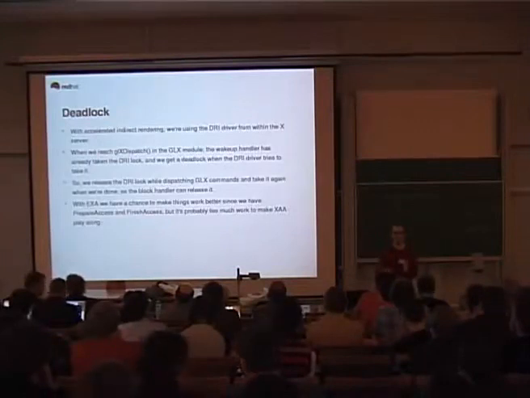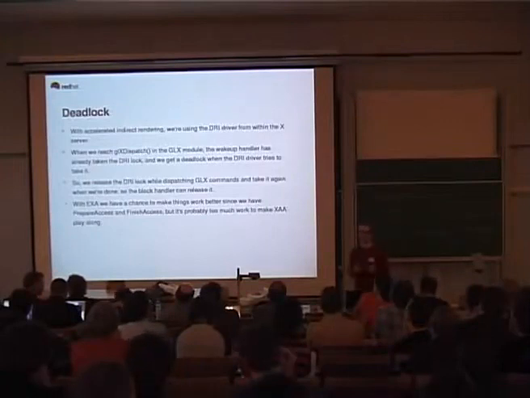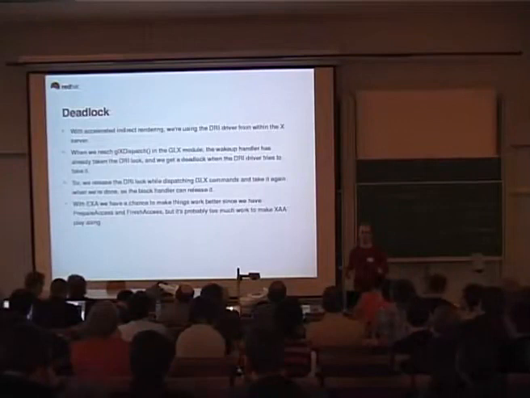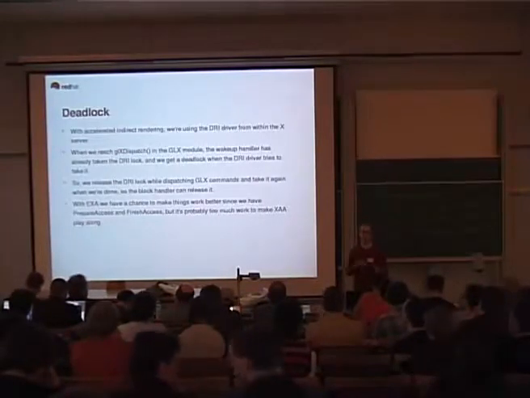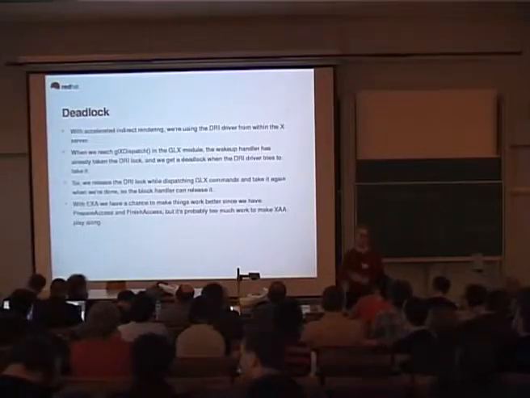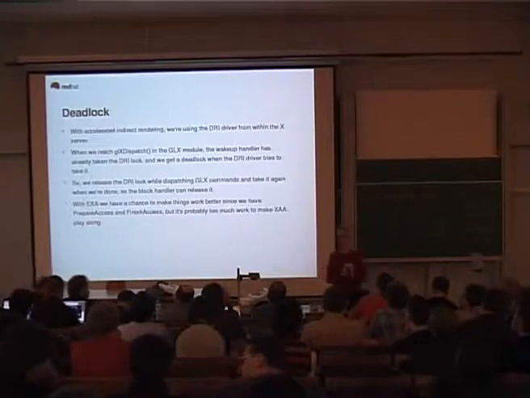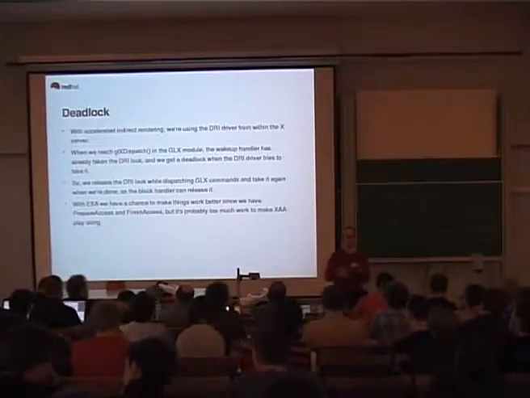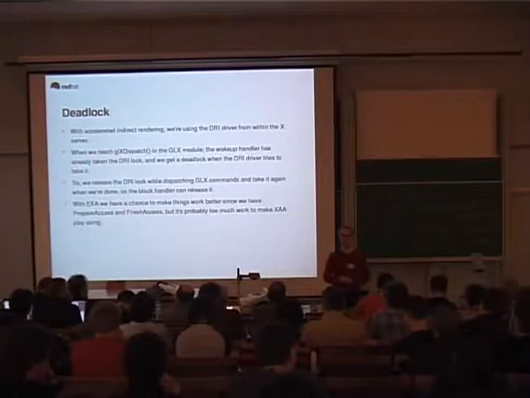Now the driver will say, oh, let me grab the lock and render this stuff, and that will succeed because we just let go of the lock. So the driver will be able to render whatever it renders, and then it will release the lock and return to the X server. And the X server will then immediately retake the lock in case we were about to do some 2D rendering. Eventually the X server releases its lock and goes back to sleep.